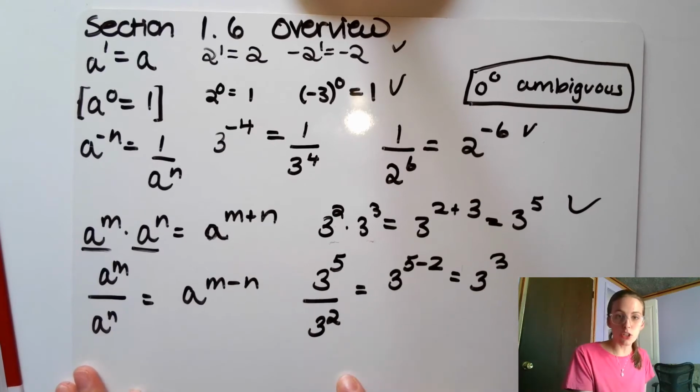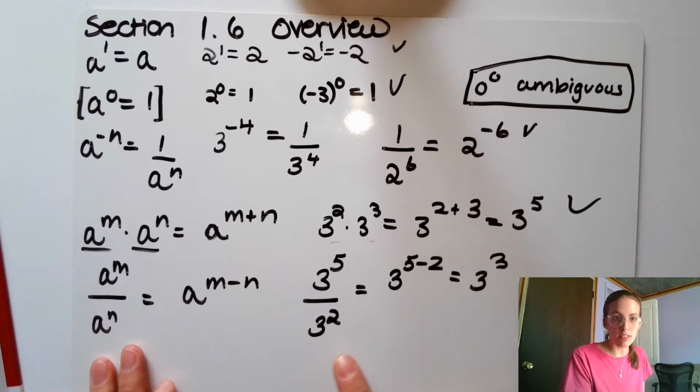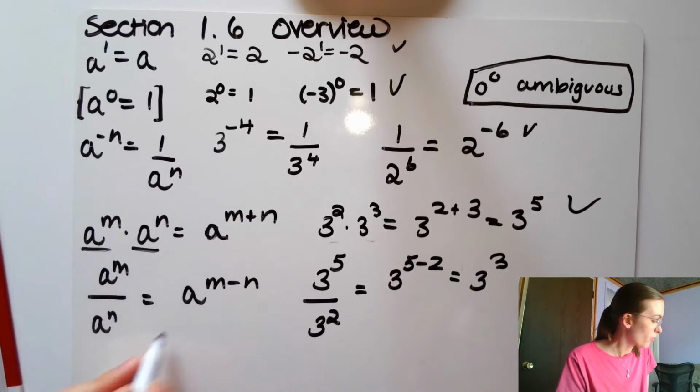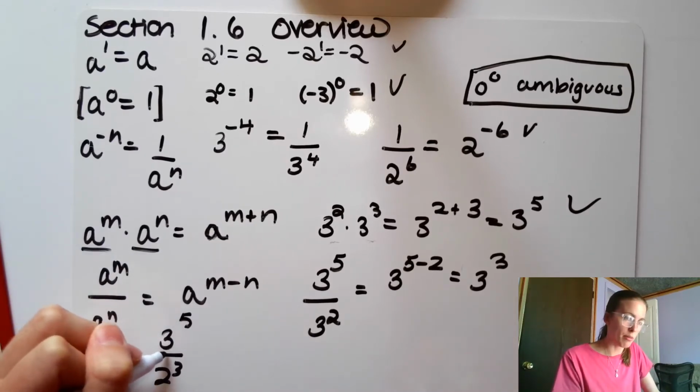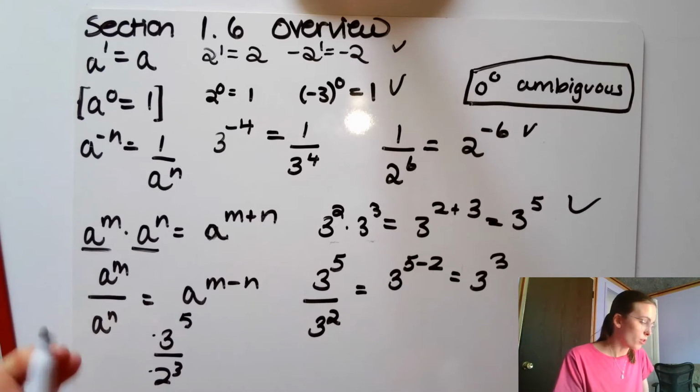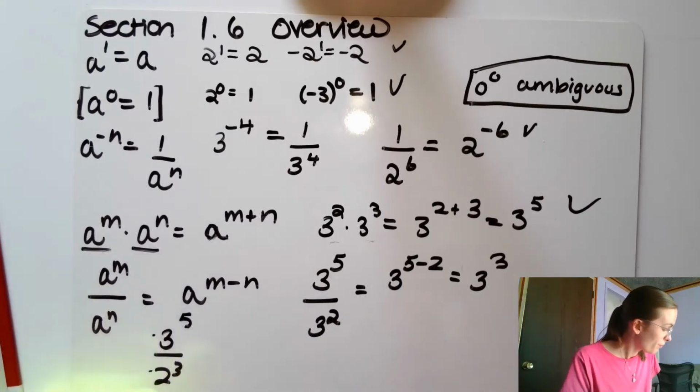Again, you need to make sure the bases are the same. If you have 3 to the 5th over 2 cubed, you absolutely cannot use this rule because the bases are not the same. 3 is not equal to 2.